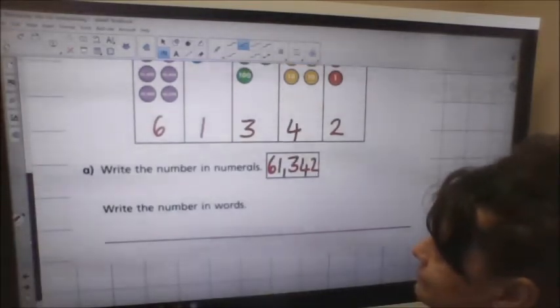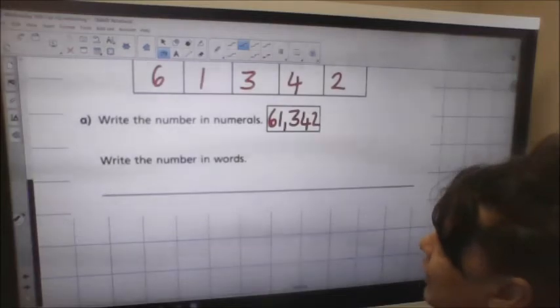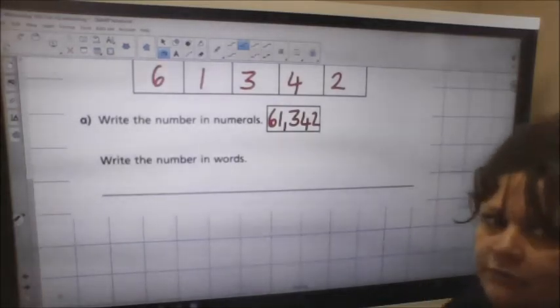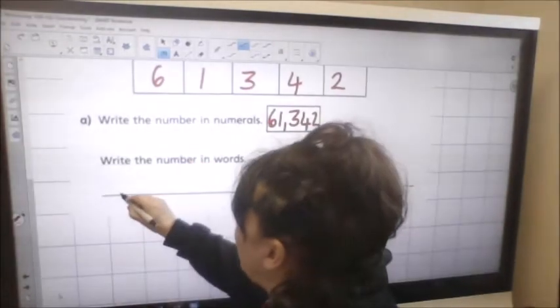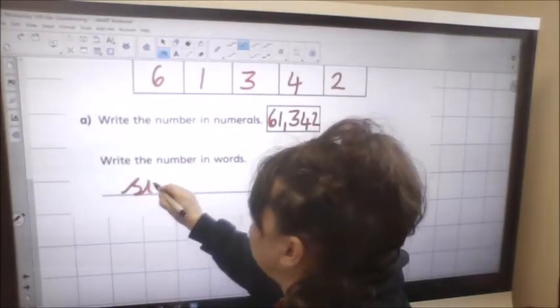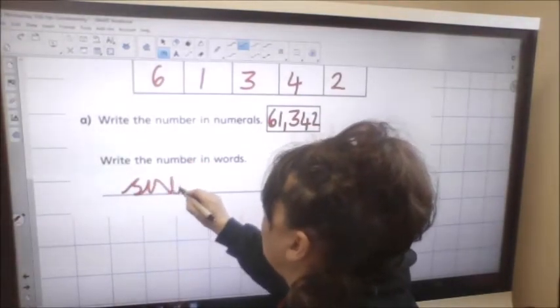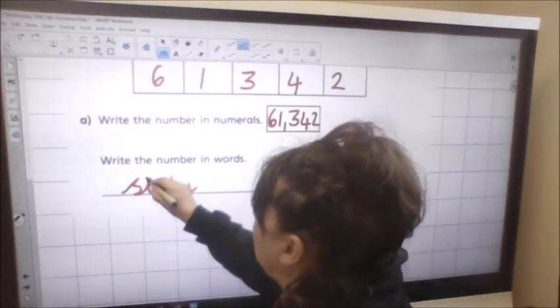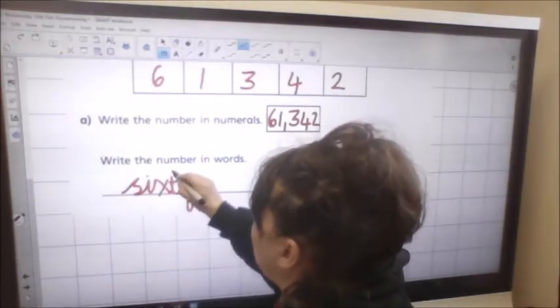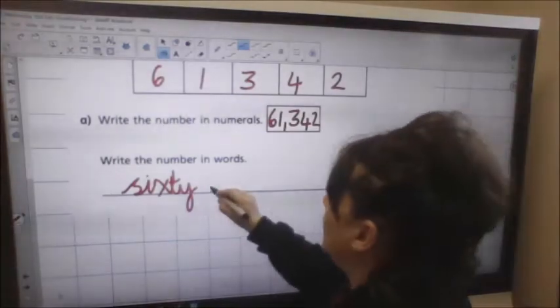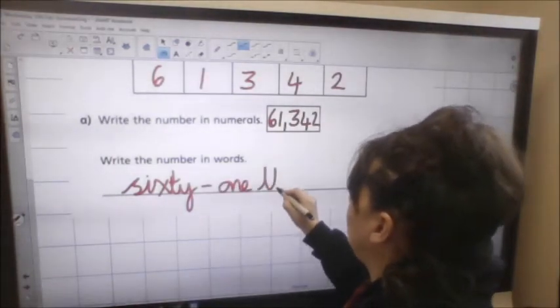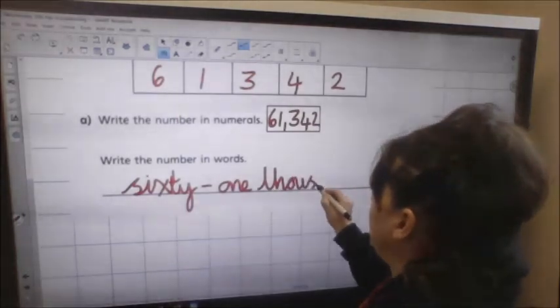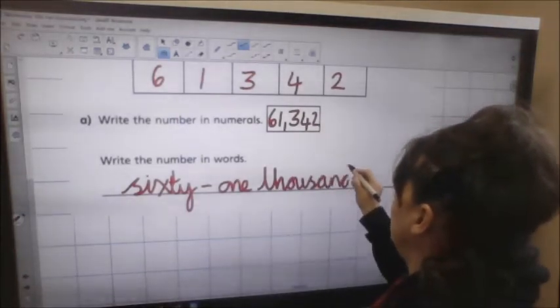And how would I write that in words? Sorry. Let me just move that up a little bit so I can reach the board and write that a little bit neater. So here we go. So it's 60, remember, I need to come back and do my crossing there. Bit of a short T. So 61,342. Watch the spelling of thousand.